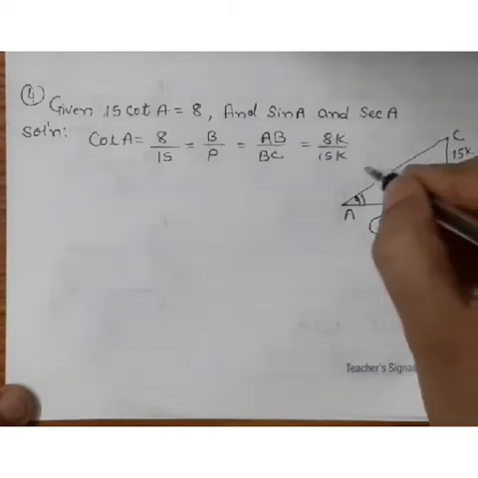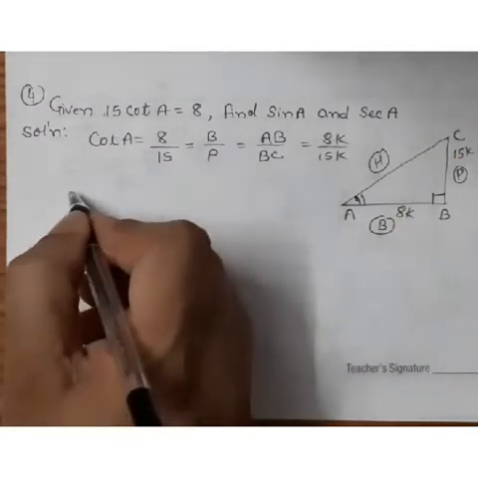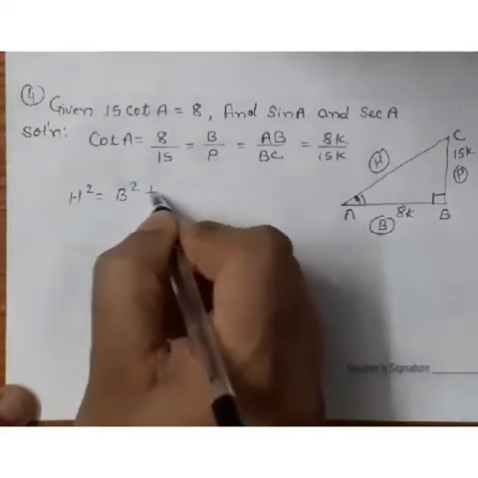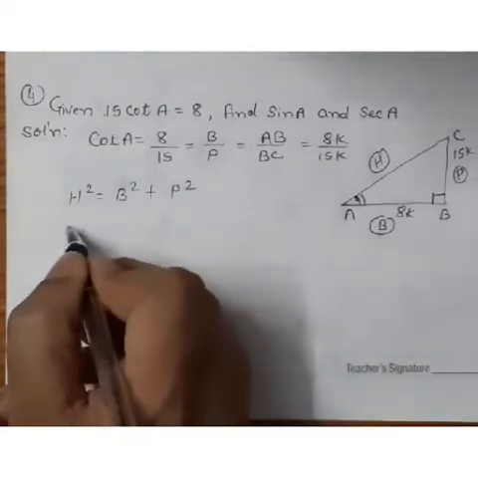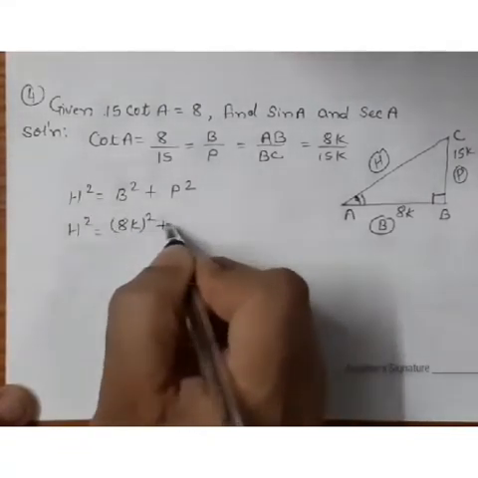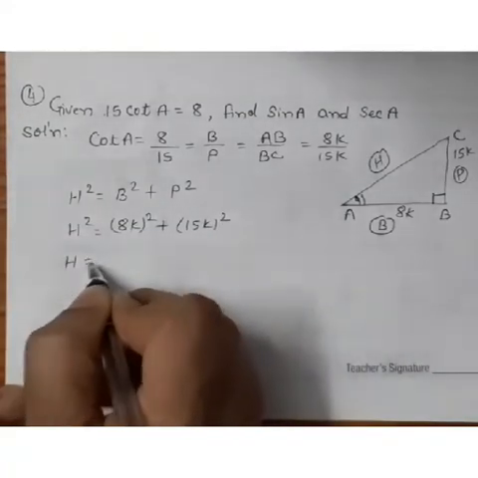You have to find hypotenuse. Hypotenuse is not given here. So by Pythagoras theorem, what is h square? H square is equal to b square plus p square. Then what is h square here? B is 8k square. P is 15k square.